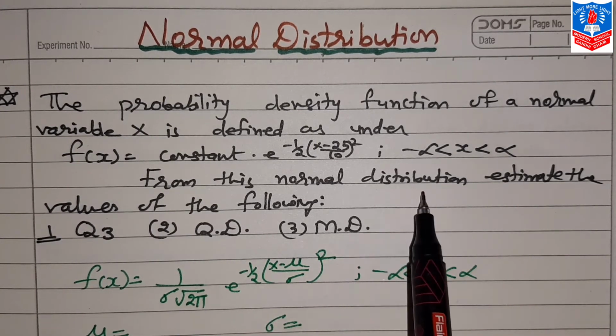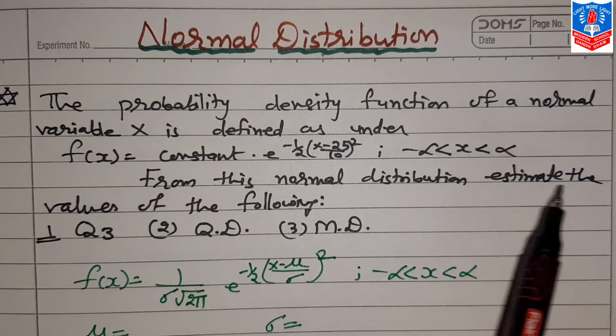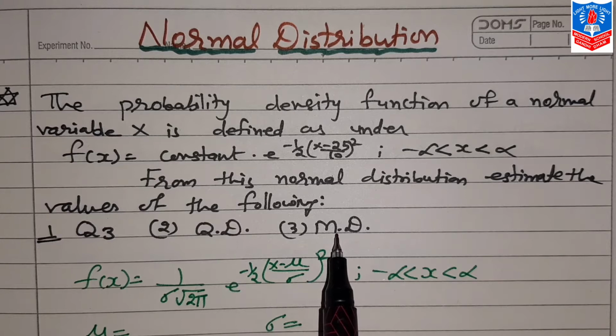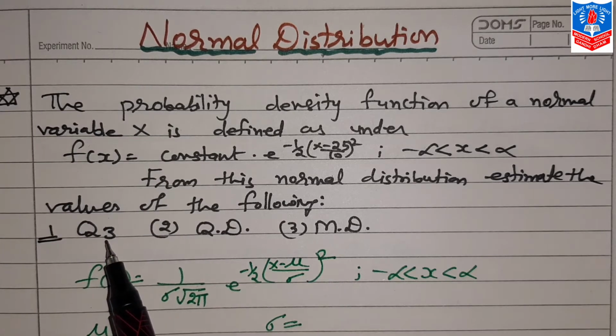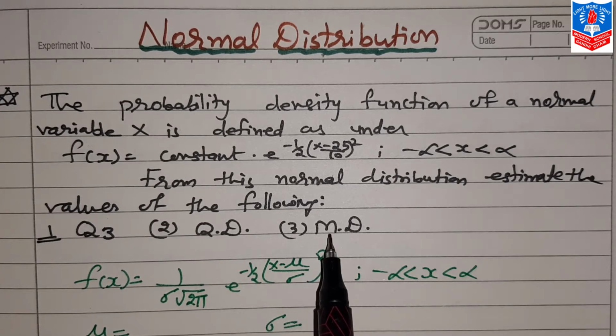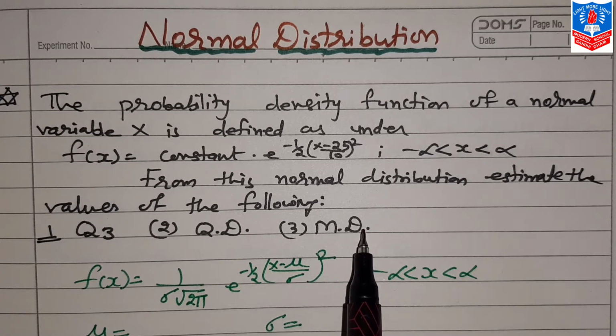From this normal distribution, estimate the values of the following. Here 3 values we are supposed to find. Number 1, that is Q3. Number 2, that is quartile deviation, and number 3, that is mean deviation.